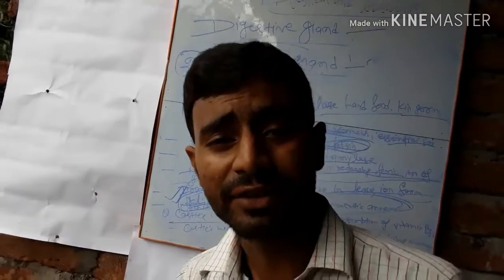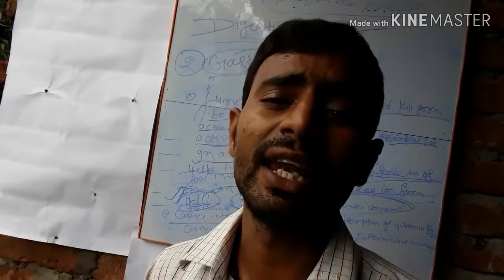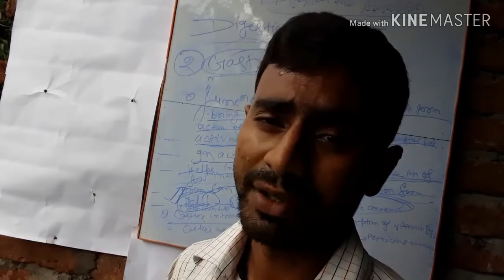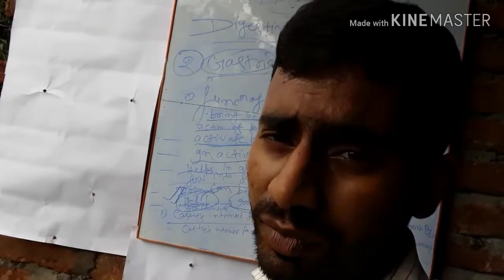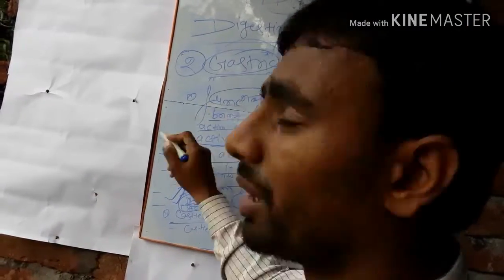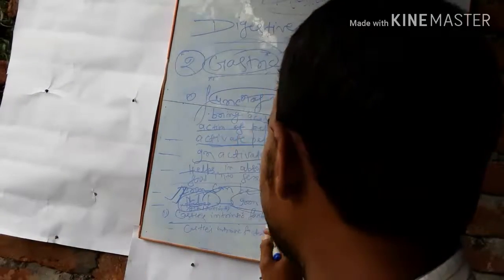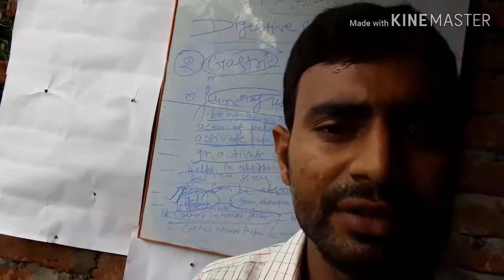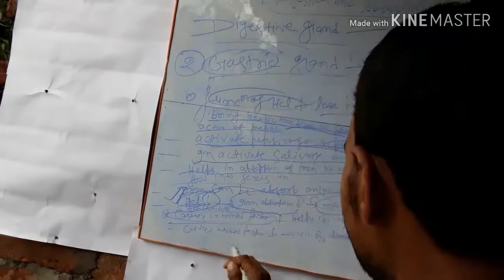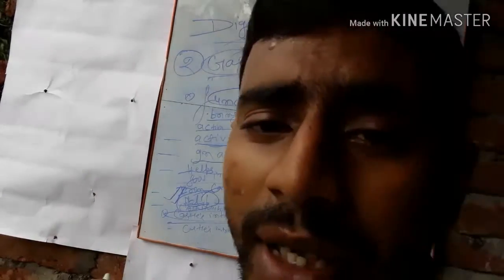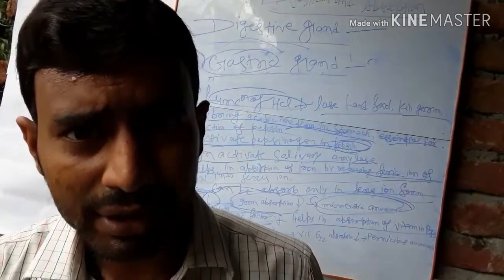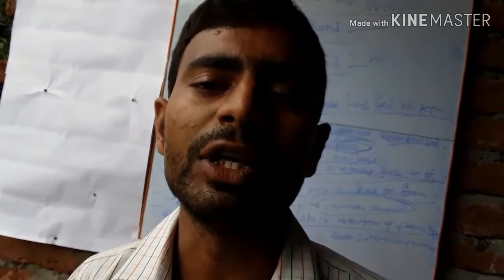Oxyntic cells, or parietal cells, secrete HCl and Castle's intrinsic factor. So now we have seen the function of HCl, and second is Castle's intrinsic factor. Castle's intrinsic factor helps in absorption of vitamin B12.